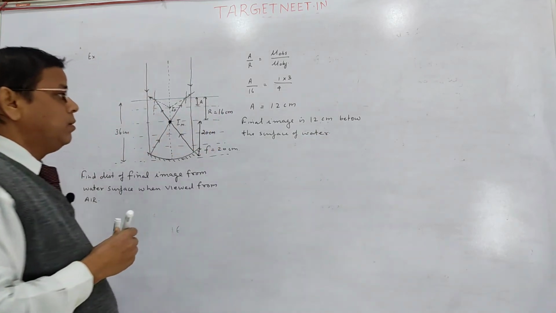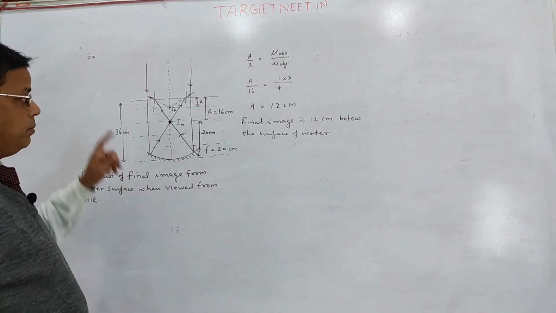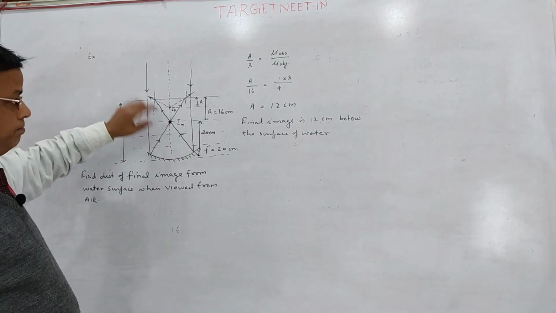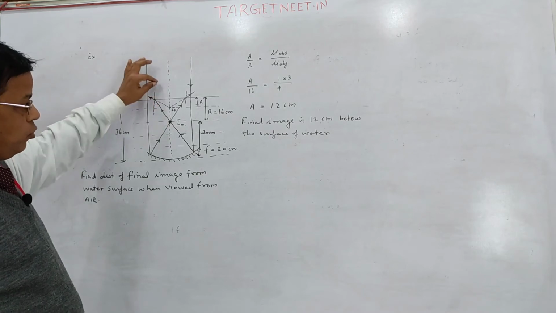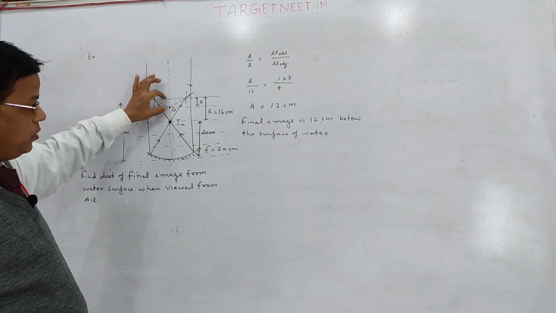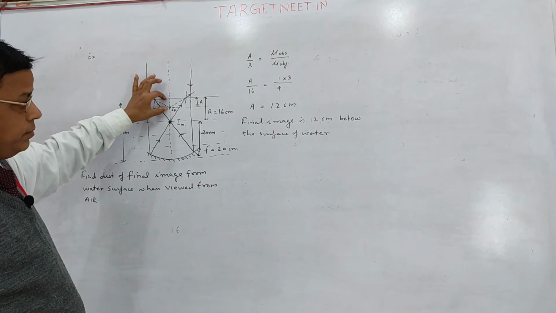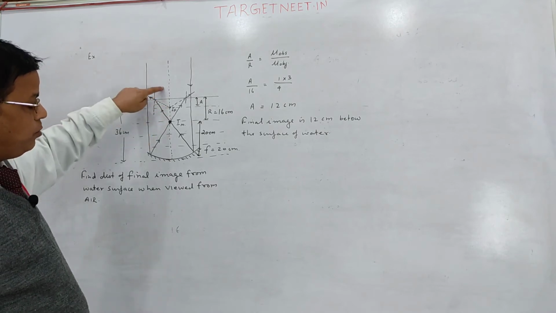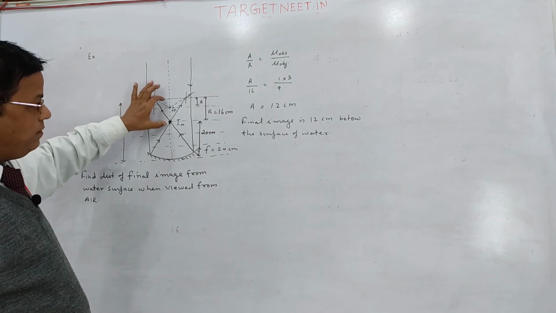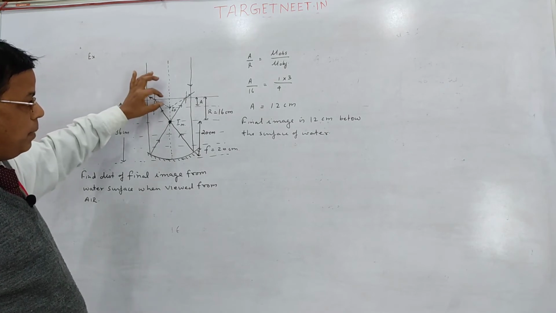But what is the depth of the image formed by the mirror? This is the depth of the image formed by the mirror, the actual depth. But when it is observed from air, it appears to be here. So when an object is in a denser medium and viewed from a rarer medium, the actual depth is not visible. It is the apparent depth.